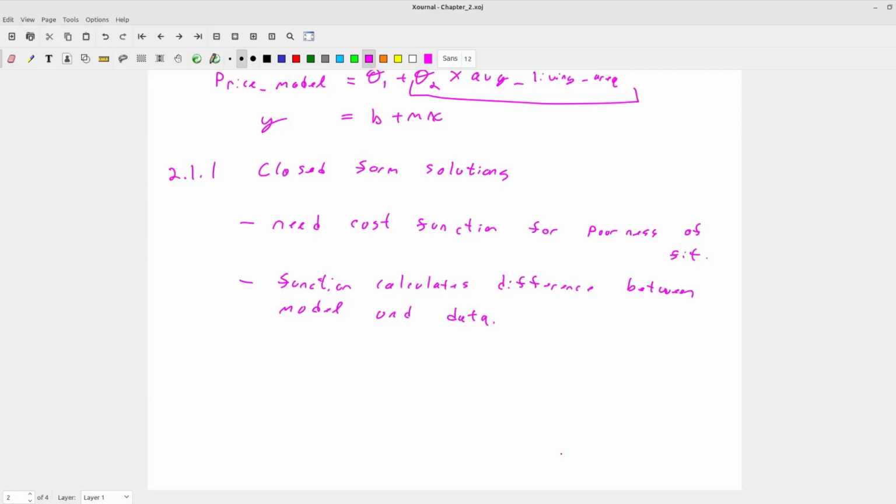This involves something we can do with a least squares linear regression.